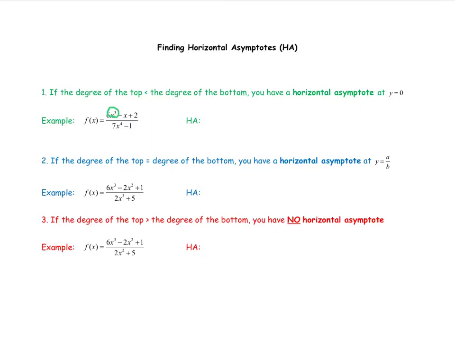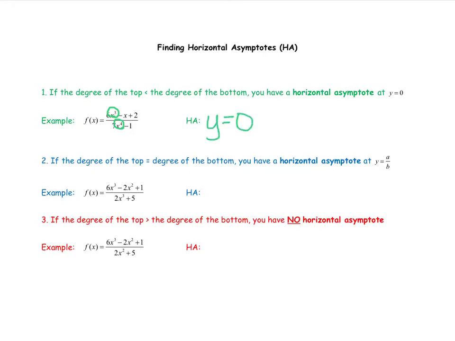So that's the degree of that polynomial. It's called a polynomial to the third degree. Now, if you look at the denominator, the largest exponent of that polynomial is 4. So this is a polynomial to the fourth degree. Well, the bottom polynomial is a larger degree than the top polynomial. So that means your horizontal asymptote will be at y equals 0.